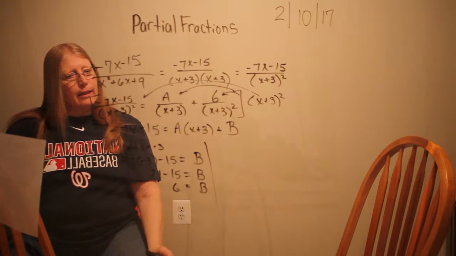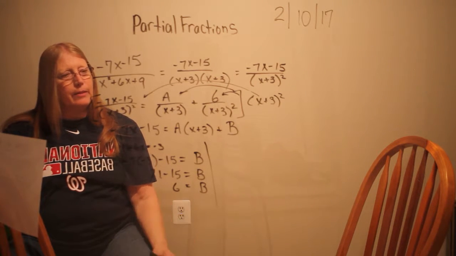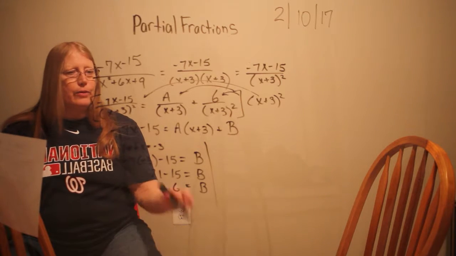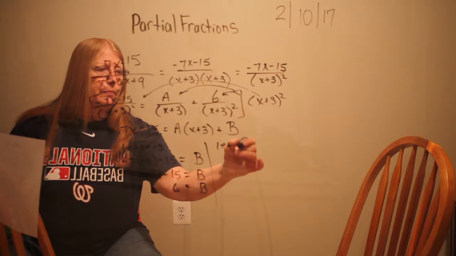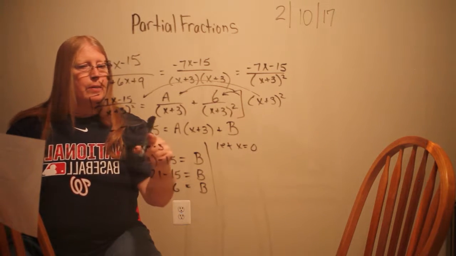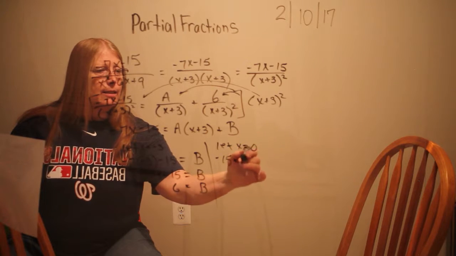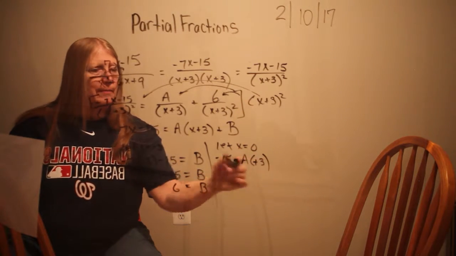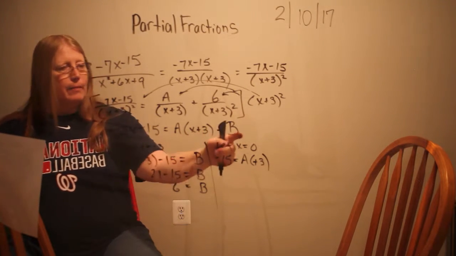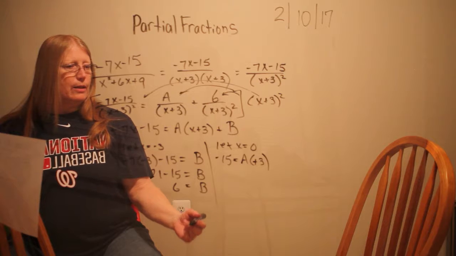All right, to get a, it really doesn't matter. Usually, if there's no obvious choice, I pick x, let x equal 0. So 0 minus 15 equals a times 0 plus 3, plus b, which is already known.